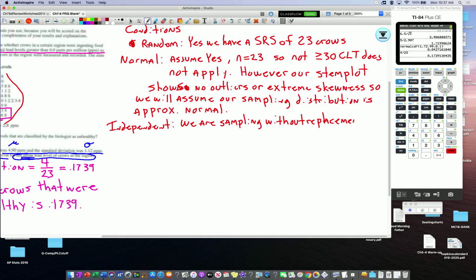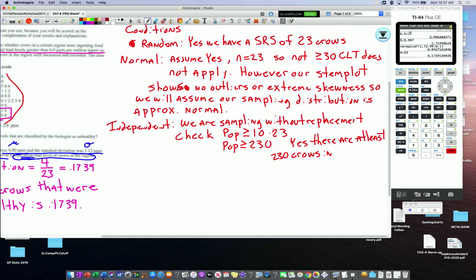So we check: is the population greater than 10 times our sample? In our case, is our population greater than 230? And yes, there are at least 230 crows in this region.